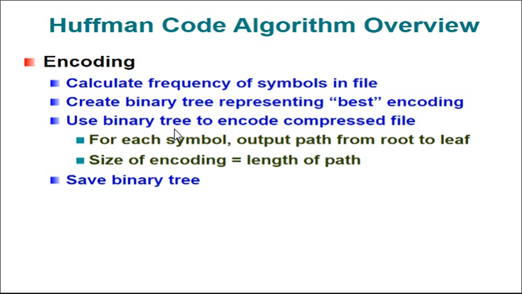Then use this binary tree to encode the compressed file. For each symbol, output the path from root to leaf. So this will give you the encoding, and the size of the encoding will be equal to the length of the path. Thus we will have this binary tree that will be used for encoding the symbols.